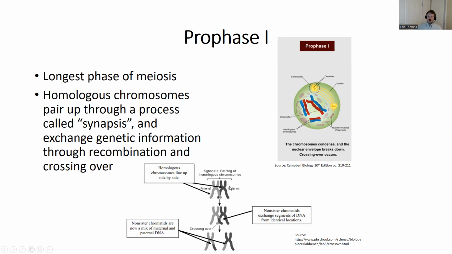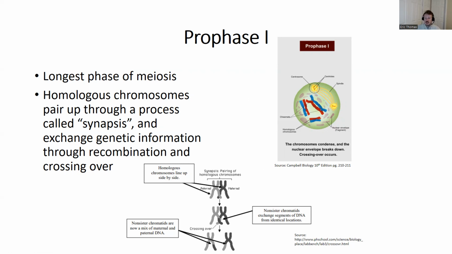And like I said, I'm not going to focus on great detail of what's actually happening at a biochemical level, how these things are taking place and how the spindle is formed and all of that. I'm just going through a very surface level of this. But this is the phase in prophase 1 of meiosis 1 where the processes of crossing over and recombination take place.